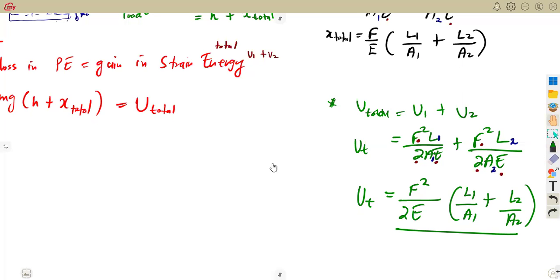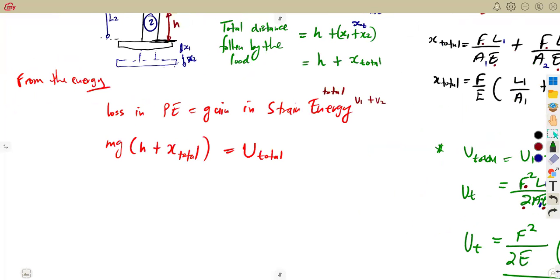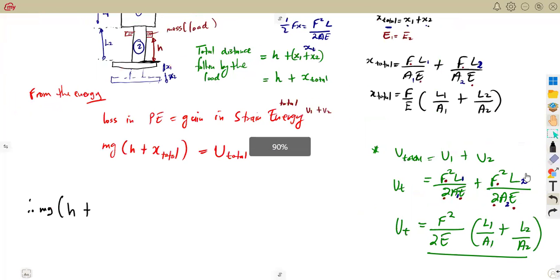So therefore, in this series combination, we can conclude that the loss in our potential, which is mg into h plus x total, we substitute our x total here as it is. As you can see, there's a bracket there, so we're going to need at least 2 brackets here.